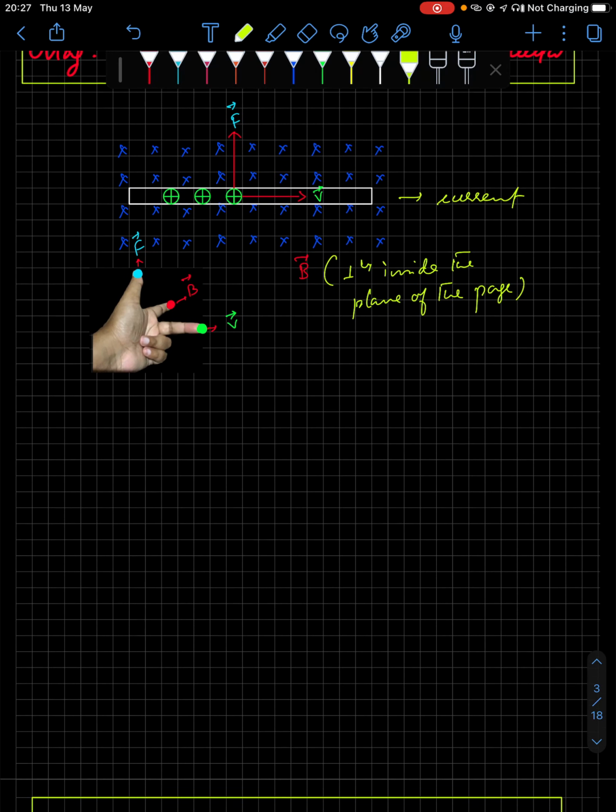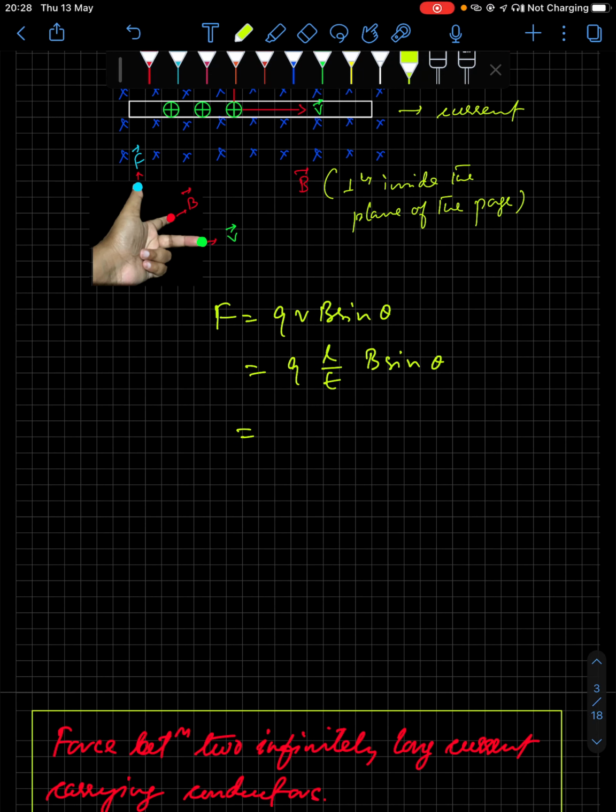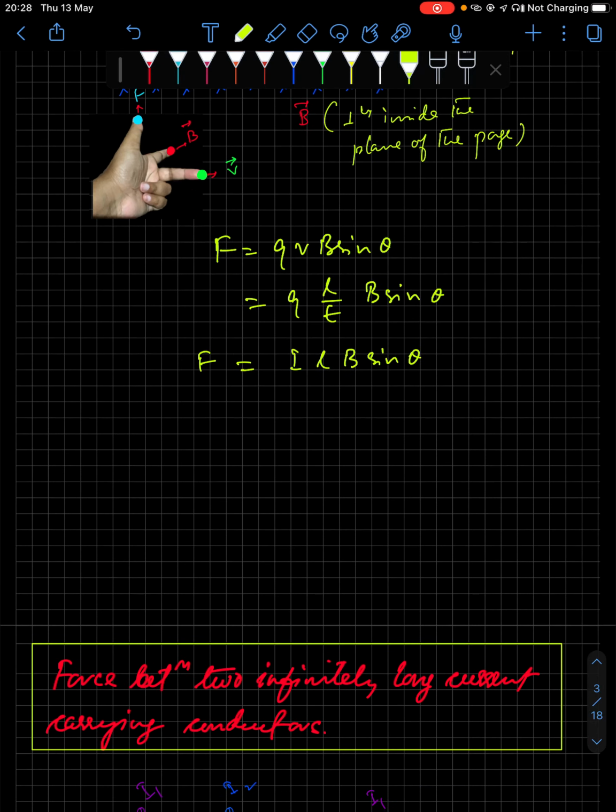So the magnetic force relation, as we know, we have covered this in the previous lecture, is QVB sine theta. This velocity can be written as length by time, into B sine theta, and Q by t can be written as current I, so F is ILB sine theta.